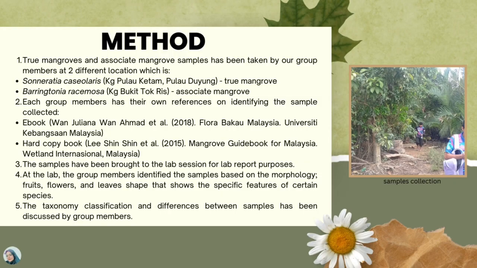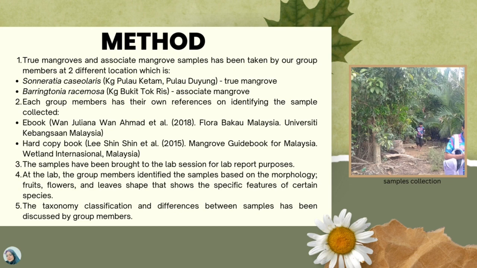For the method of our group to complete this lab report, I will explain from the sample collection to the sample identification process. For the true mangrove and associate mangrove samples, our group went to 2 different locations.